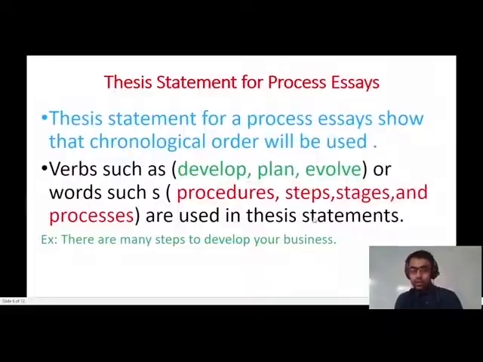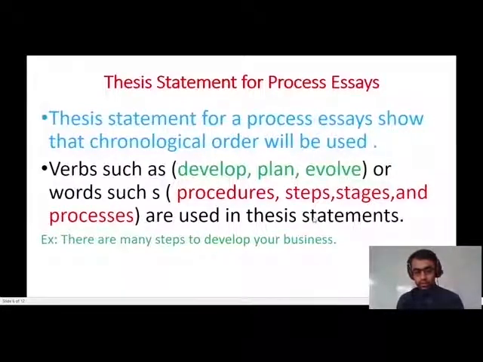But there is one thing. You don't know how many steps the author is going to talk about, because he has not mentioned it. He has just mentioned many steps. So maybe there are 4 steps, 5 steps, or maybe 10 steps. We don't know the number.